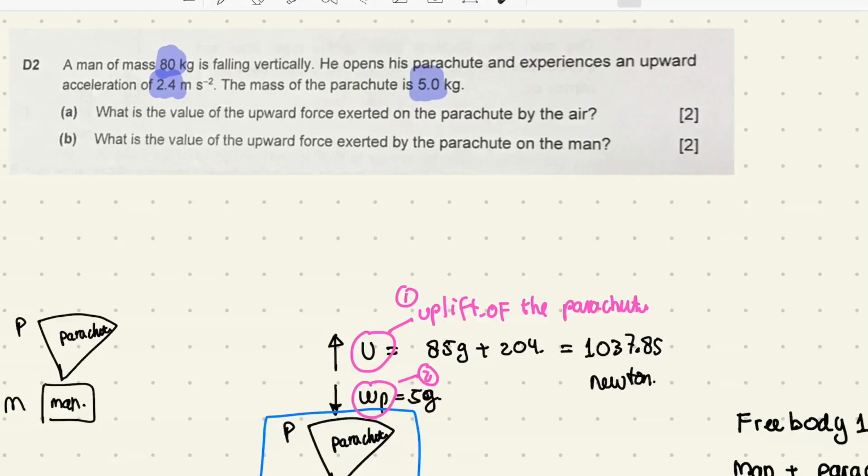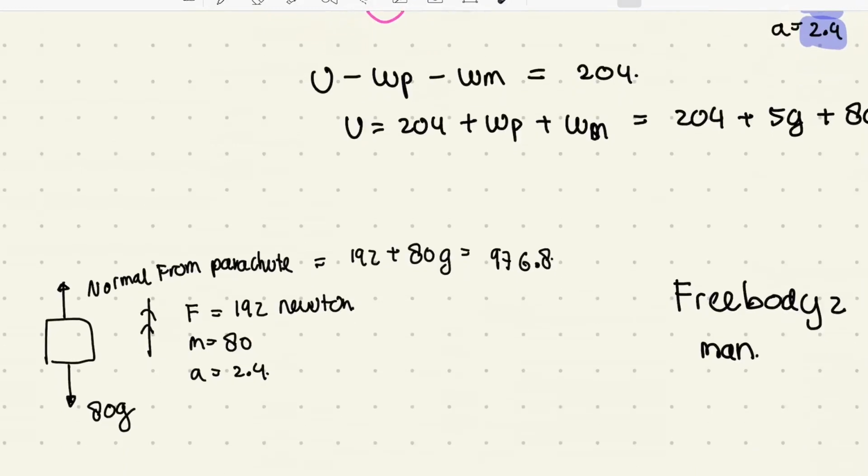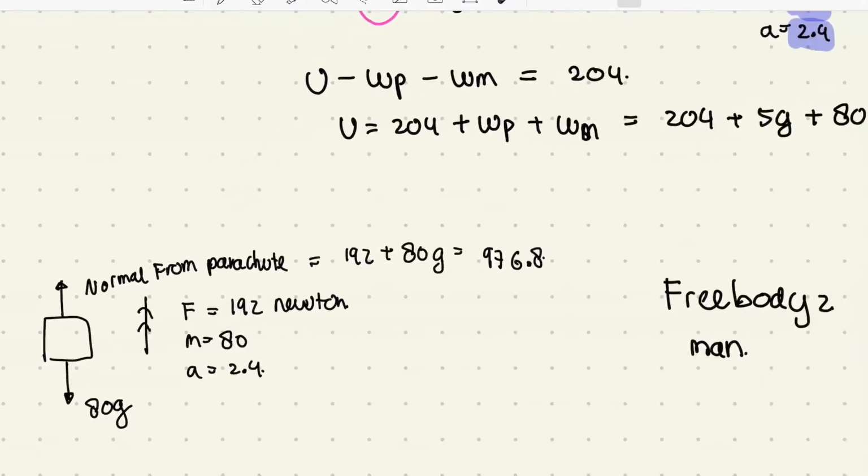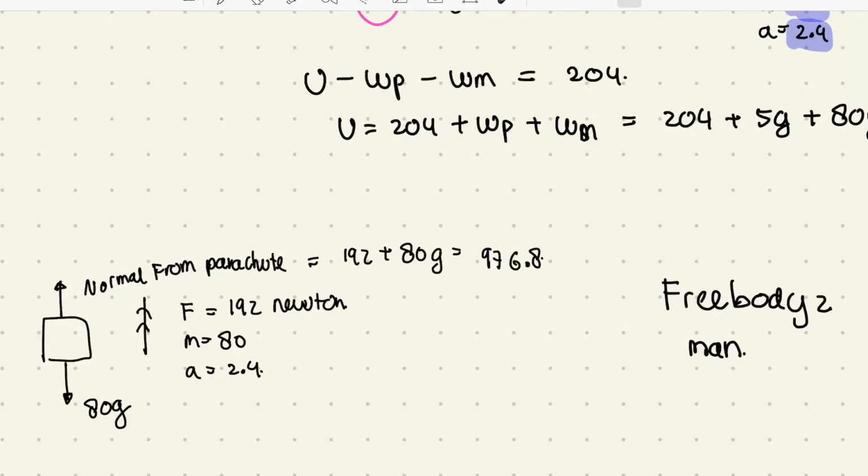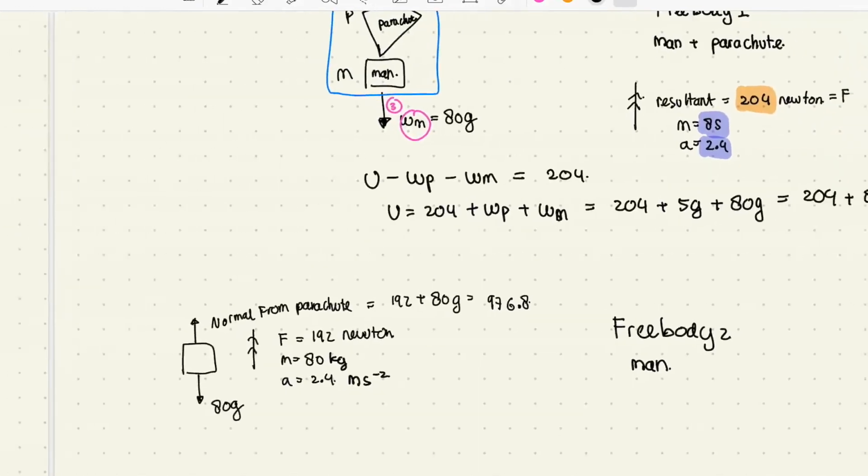For question B, what is the value of the upward force exerted by the parachute on the man? Very simple. We do the man only, which means the mass you put 80 kg, and acceleration is 2.4 meter per second square.